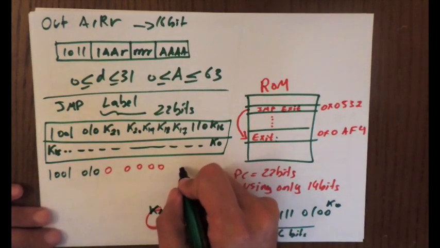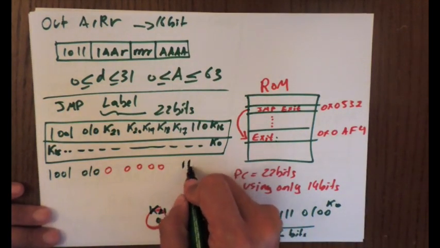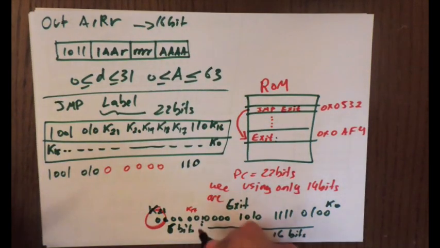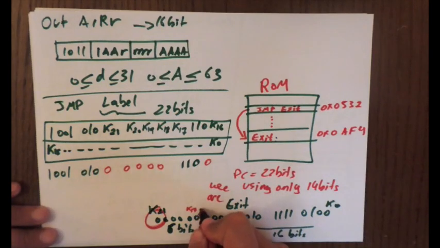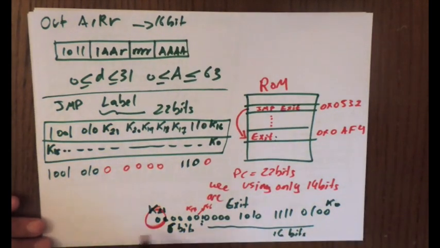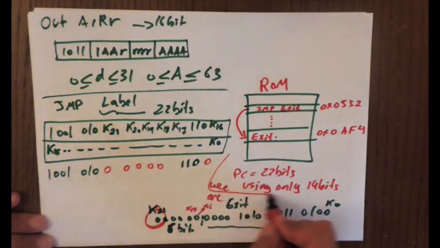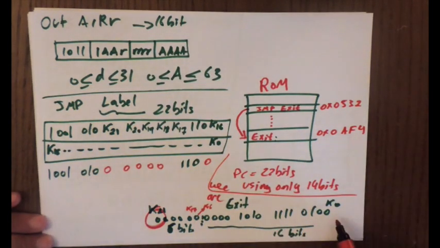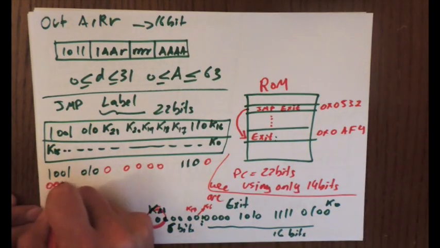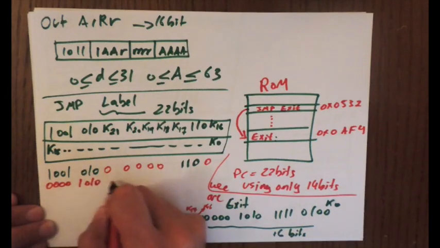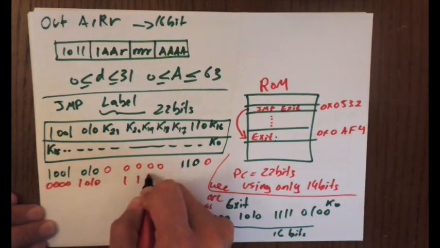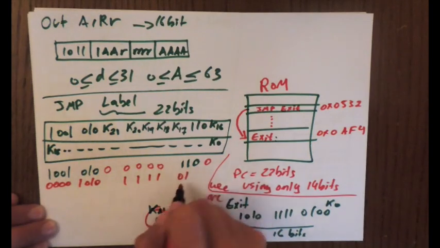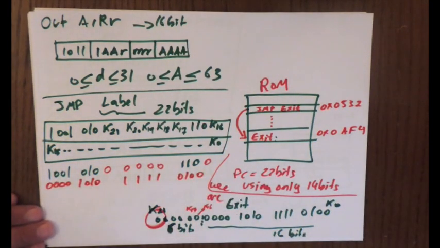Then I go ahead with the 1, 1, 0, and then also K16 is 0. So I write K16. Now I continue with the 16 bits here. So it's going to be 0, 0, 0, 0, then 1, 0, 1, 0, okay, 1, 1, 1, 1, and we have 0, 1, 0, 0. So this is the binary representation of jump.